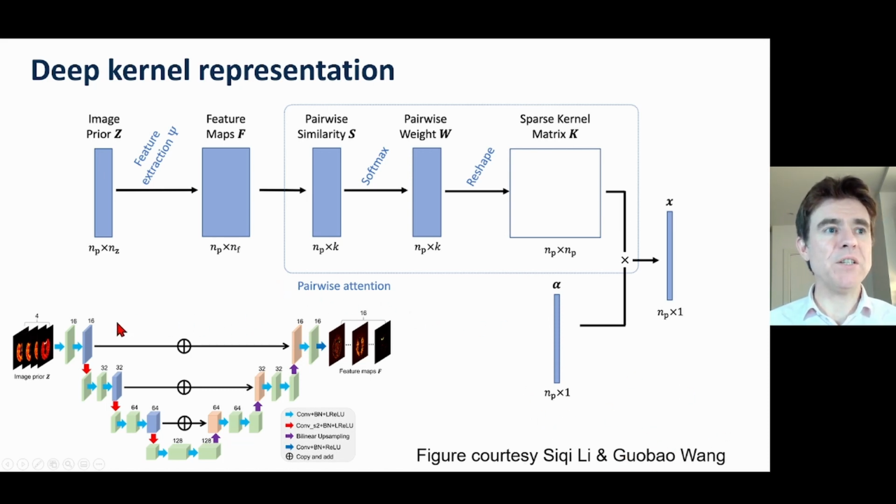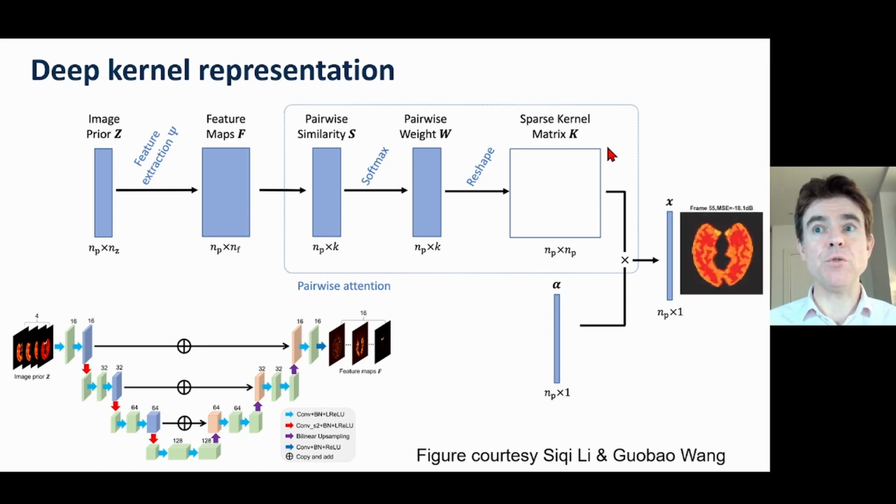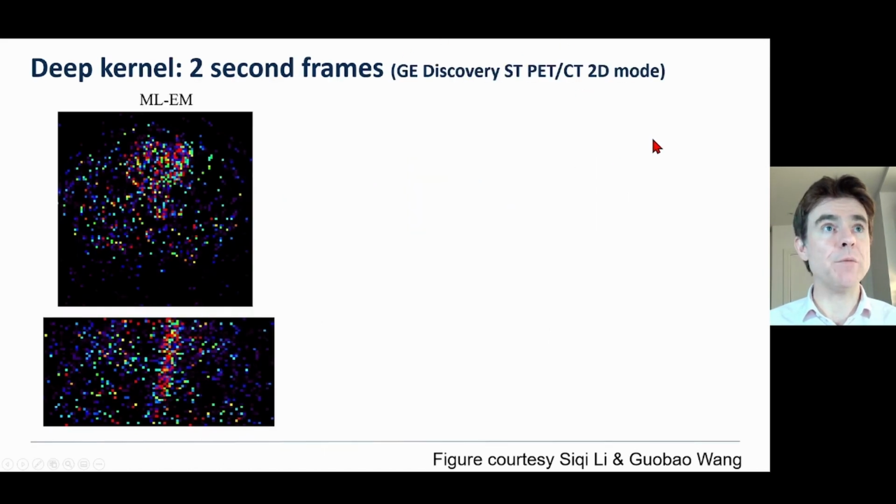What they did was basically learn how to derive the best kind of features for a given image in order to then use those features in a comparison matrix for building spatial basis functions, which are then used in conventional EM type reconstruction. If they do that, then they get quite impressive results.